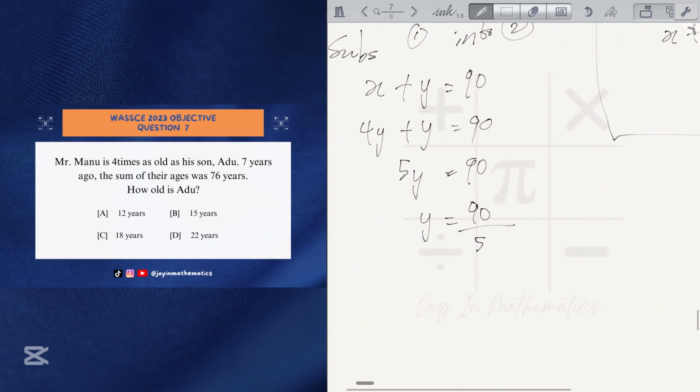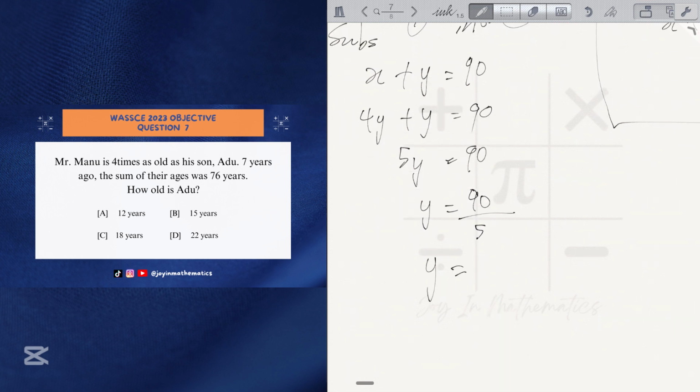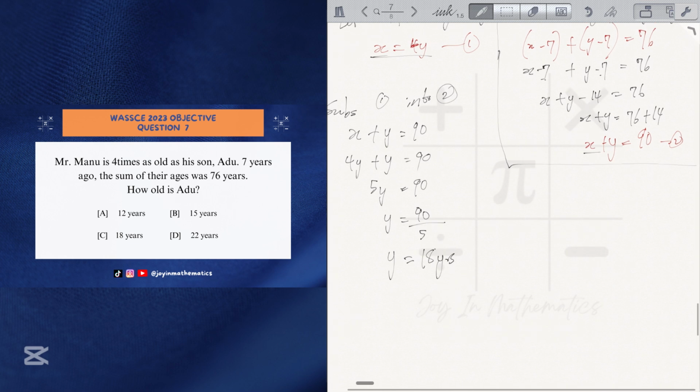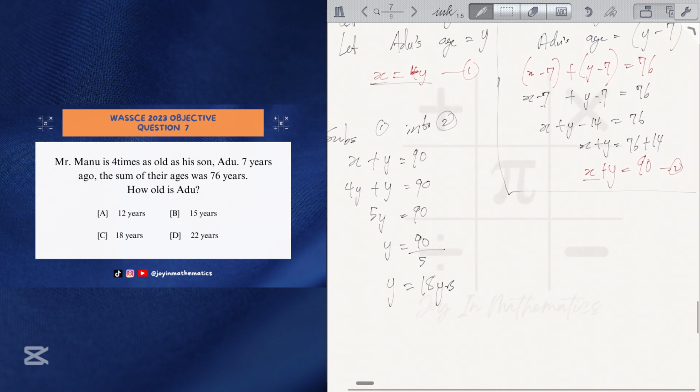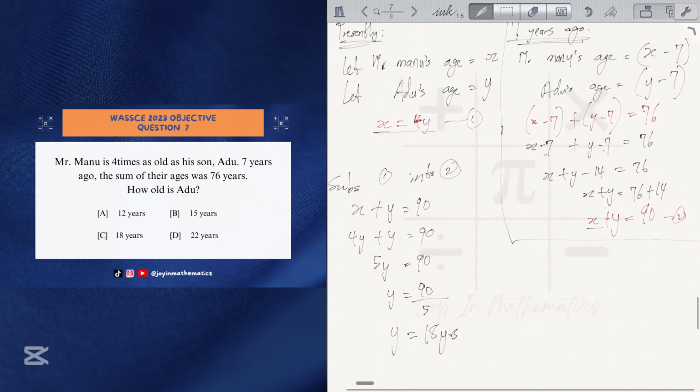Therefore y is equal to 18 years. The question asks, how old is Adu? Presently Adu's age is y, and y is equal to 18 years. So Adu's age is 18 years, which is equivalent to option C.